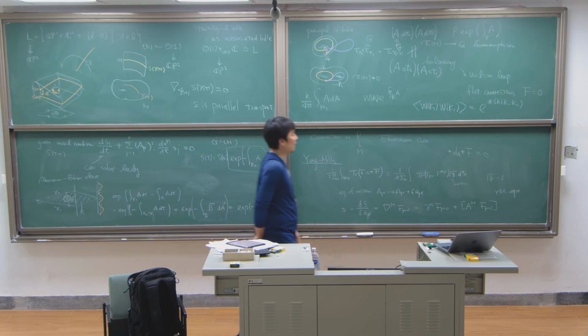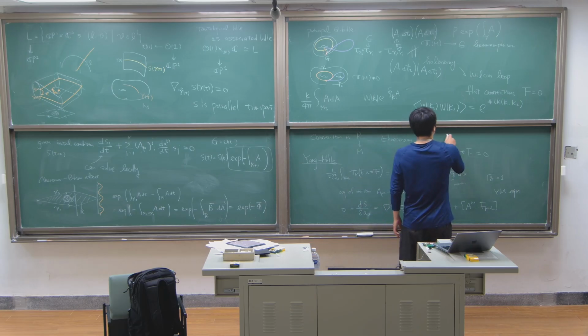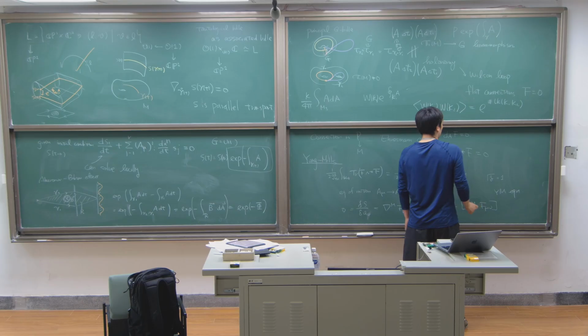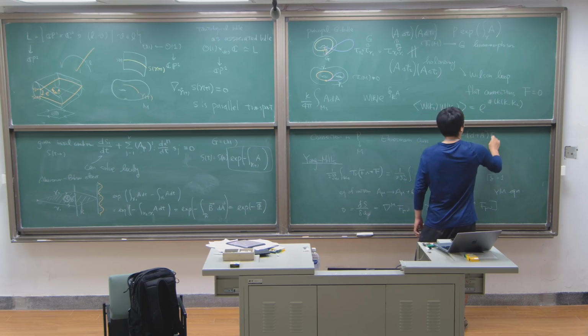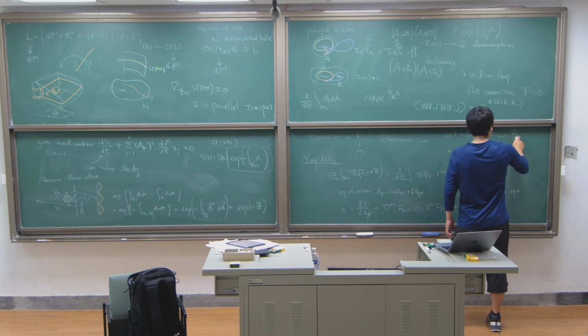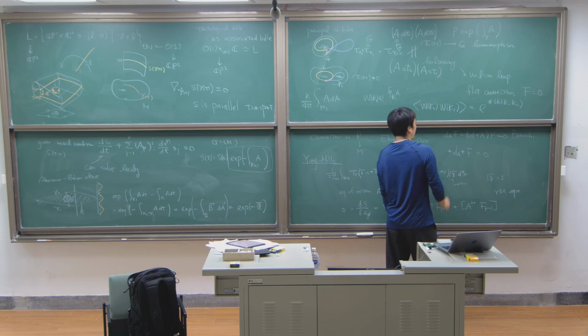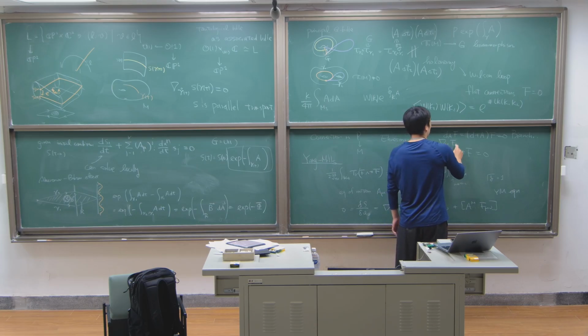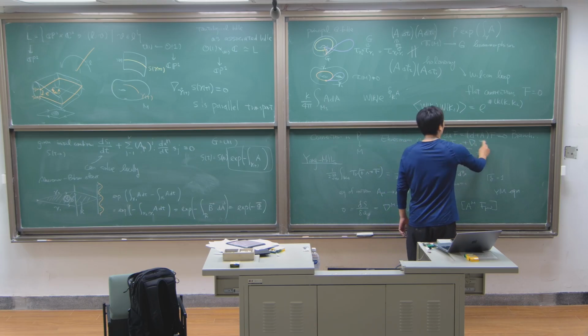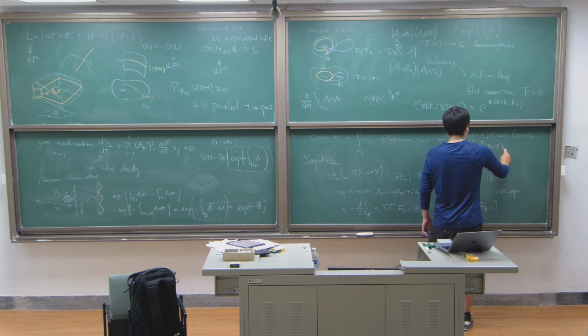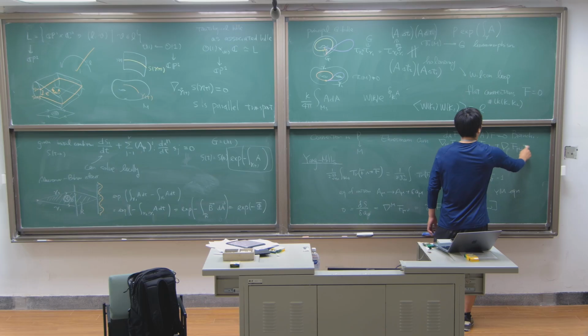In addition to that, they satisfy the Bianchi identity. So d_A F is equal to 0. Namely, sorry, d_A is essentially d plus A, F equal to 0. So this is the Bianchi identity. The physicist's way of writing is just this sequence, equal to 0.